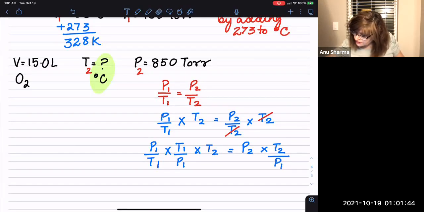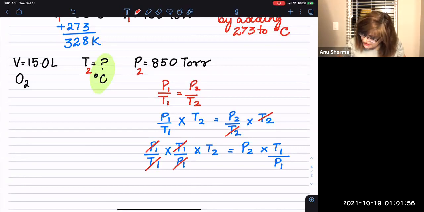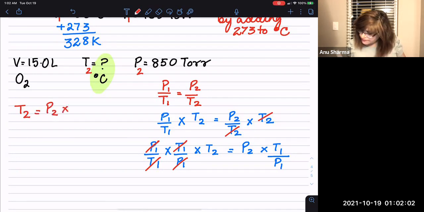Here you will see that the T1 and T1 cancel out, P1 and P1 cancel out, and you're just left with T2 is equal to P2 times T1 over P1.